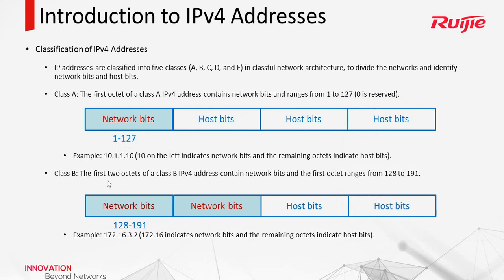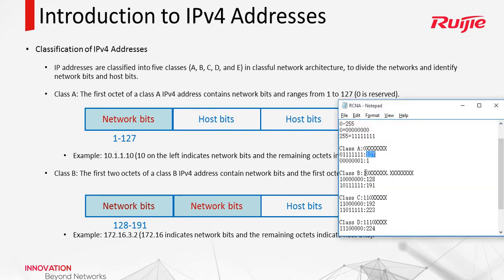But class B has this format. The highest 2 bits will be 1, 0, and the others can be any values. So the range will be from 10 followed by all zeros, which is 128, to 10 followed by all ones, which is 191.